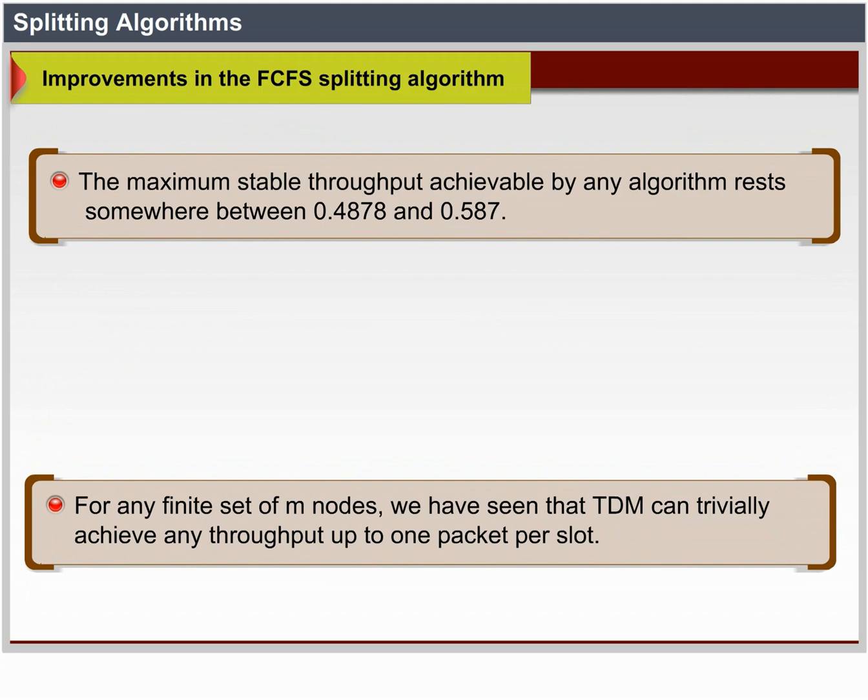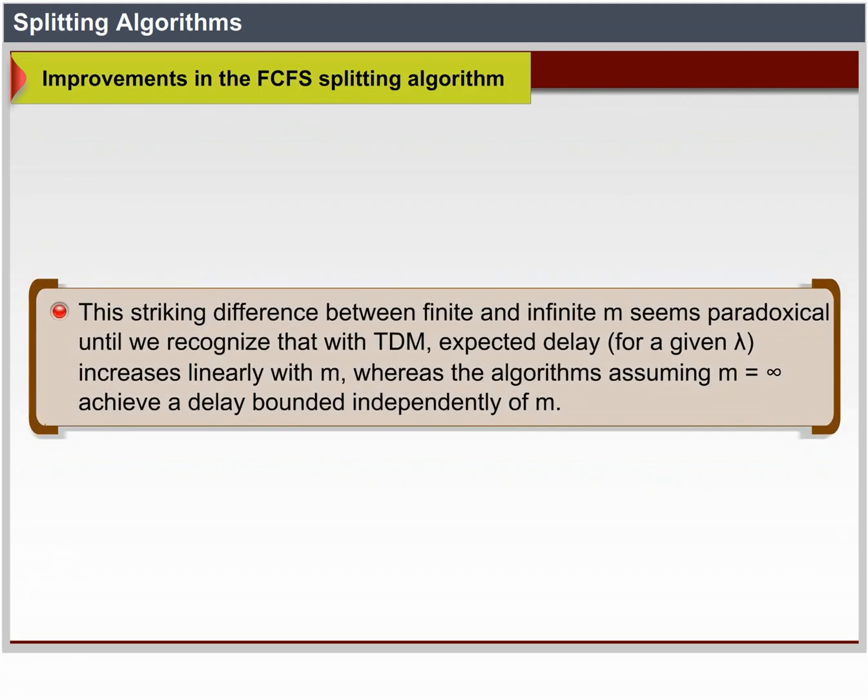This striking difference between finite and infinite M seems paradoxical until we recognize that with TDM, expected delay for a given lambda increases linearly with M, whereas the algorithms that assume M is equal to infinity achieve a delay bounded independently of M.